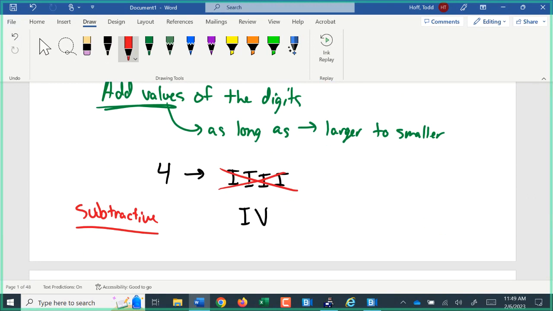So IV, because I is smaller than V, I is 1 and V is 5, this is a subtracted digit. And so what this is saying is these two digits work together to be 5 minus 1, or 4. So that represents the 4.